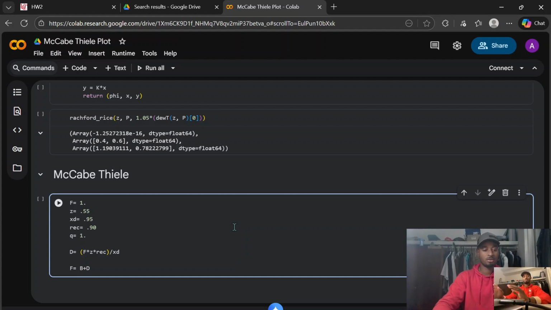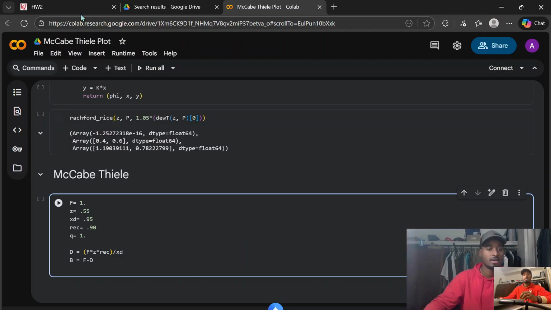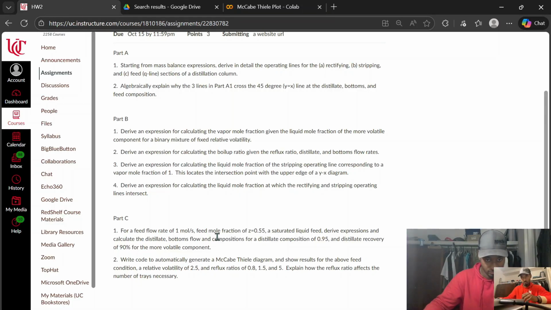So if we just rearrange this equation to solve for the bottoms, we can say that the bottoms is equal to the feed minus the distillate. All right, that's all for our bottoms flow rate. And the final component that we need to calculate is the bottoms composition.